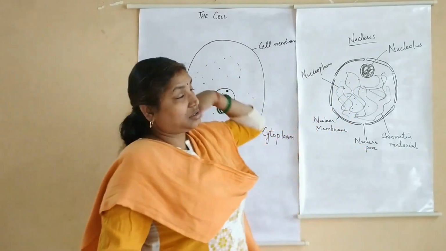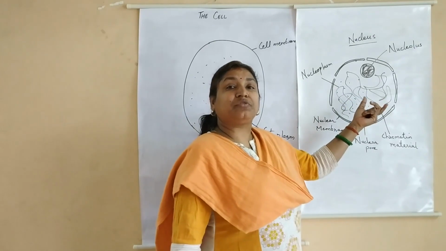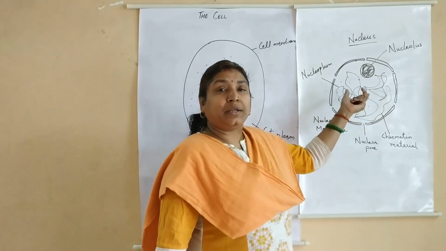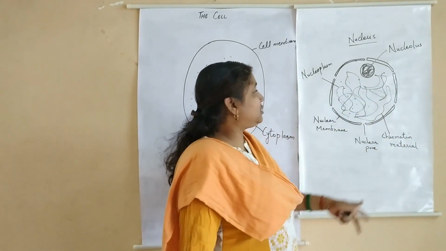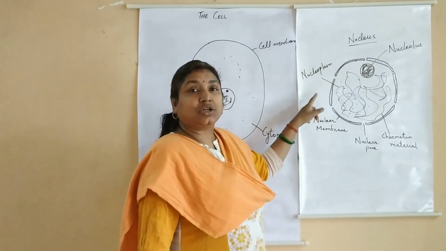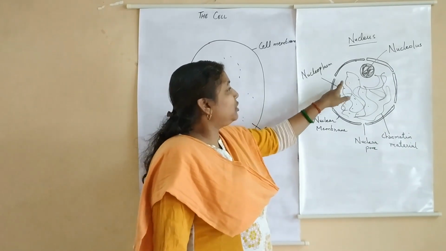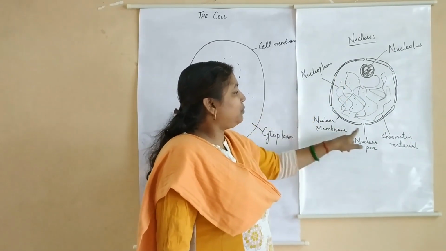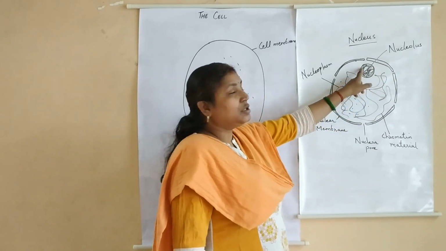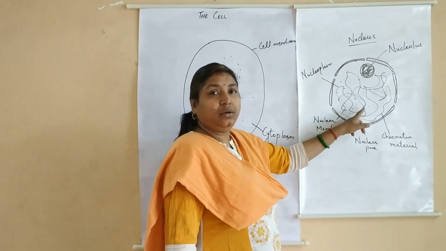It is in this chromatin material, or thread-like structure, that all the genetic information is stored and then passed on to the next generation. So this is the entire structure of the nucleus in general, having double membrane filled with nucleoplasm, having nuclear pores at regular intervals, a round spherical body nucleolus and the chromatin material.